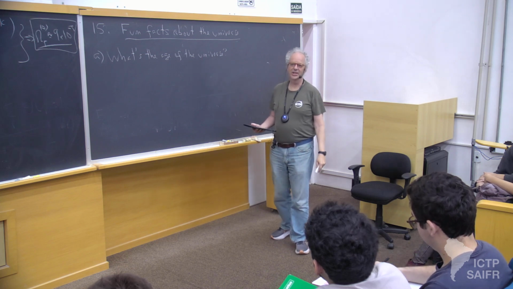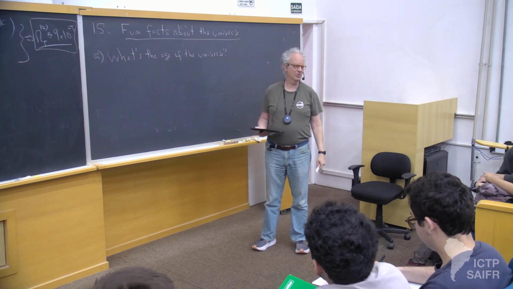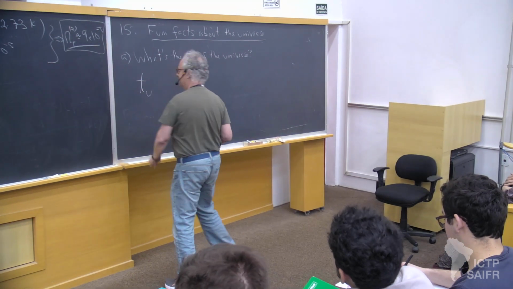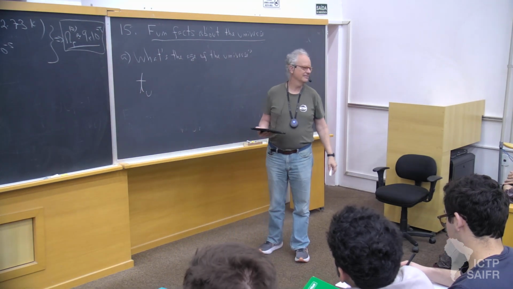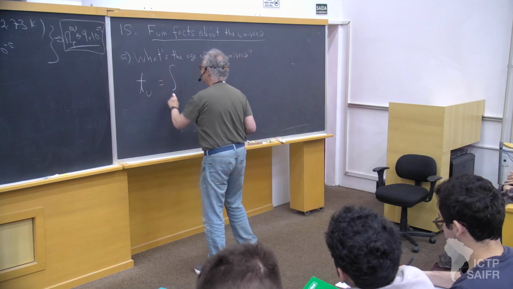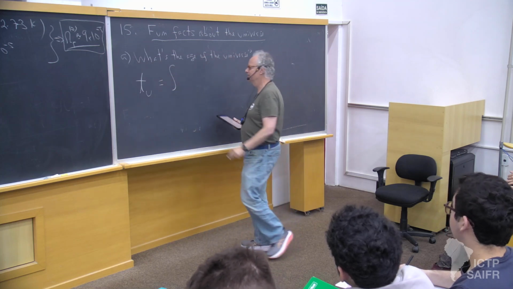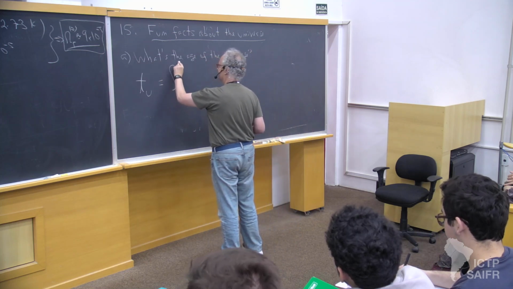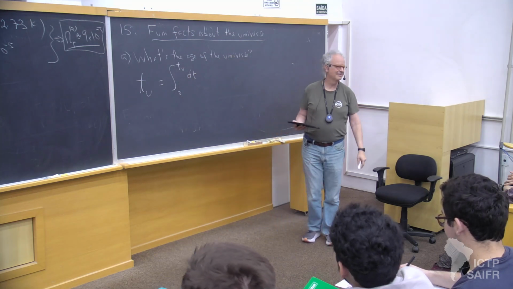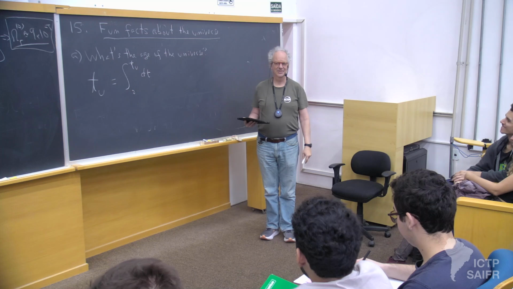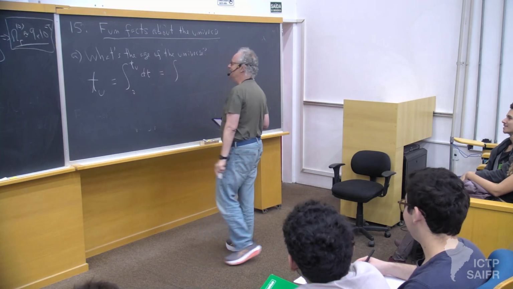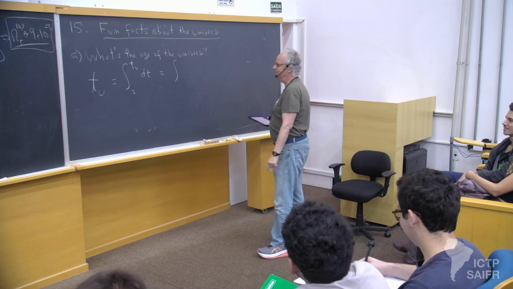So we're going to compute the age of the universe, because we can. I call the age of the universe TU. So I think you all agree with this equation here. You agree with that, right? Good. So let's massage this a little bit and make a change of variable.